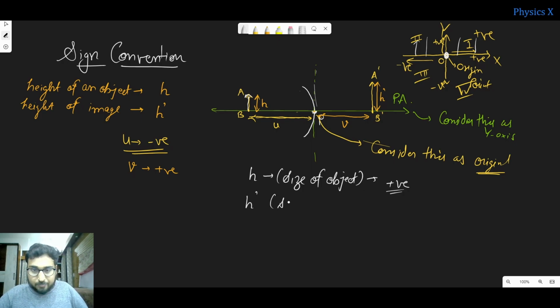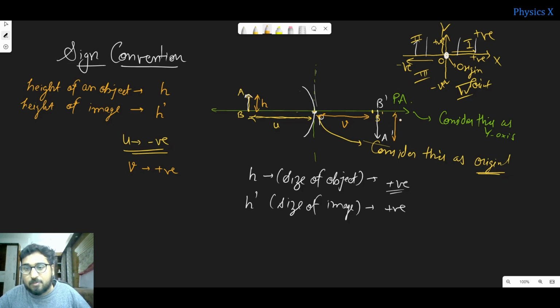Now let us see the size of the image, that is h dash. What is h dash now? H dash is also on the top side of the origin, like this. So this is positive. Now let us say, instead of this, if I took the object like this, suppose this was your image, this was your A dash, and this distance is now your h dash, right?